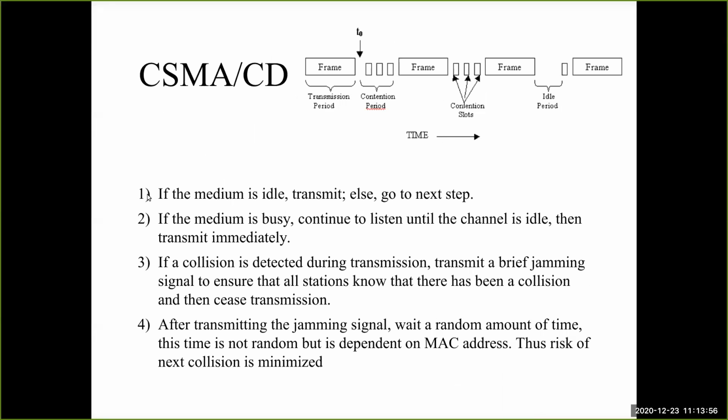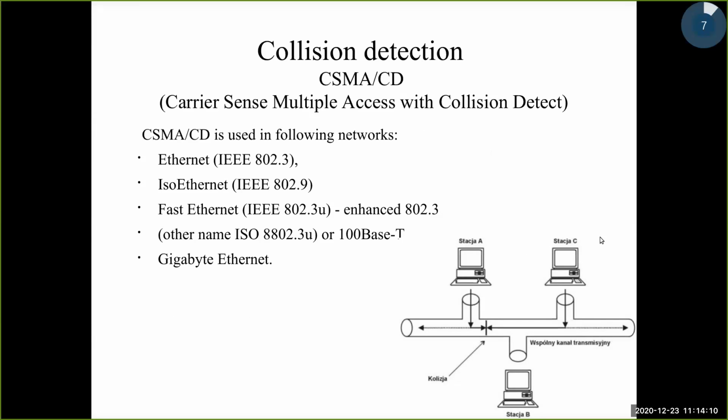So first the device verifies whether the medium is idle, so nothing is sent, and it starts to send data. Okay, the problem is that every node has to wait until the medium is idle, but if we have a network and there is a distance between two nodes in this network, the signal propagation latency may be about several milliseconds.